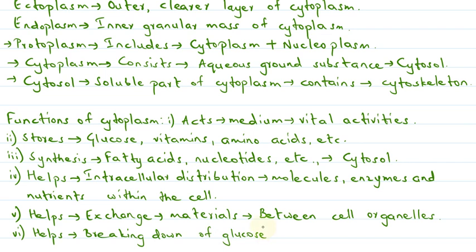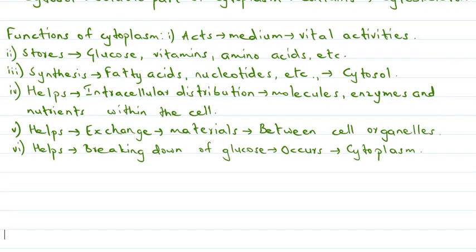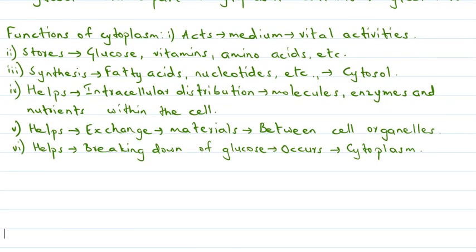The breaking down of glucose occurs in the cytoplasm. So cytoplasm is the site where breakdown of glucose takes place. These are some of the main functions of cytoplasm.